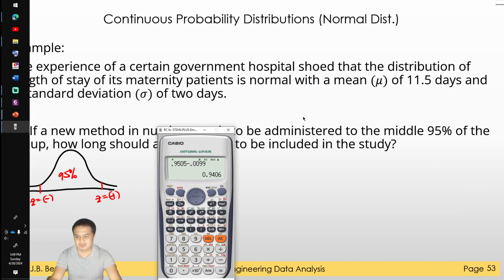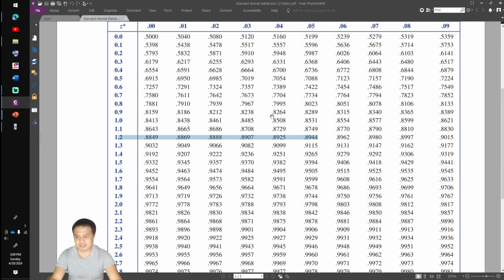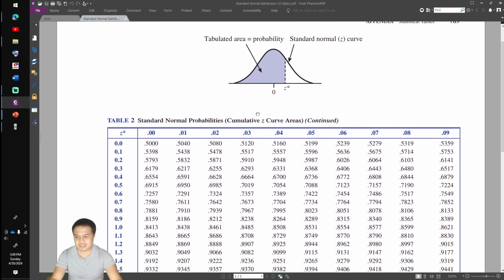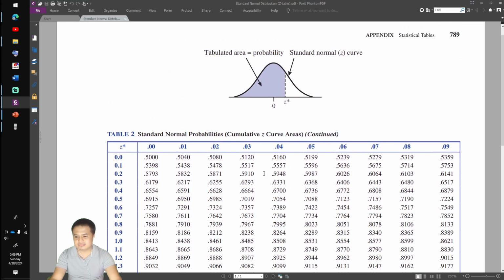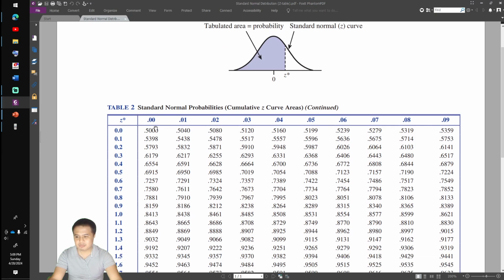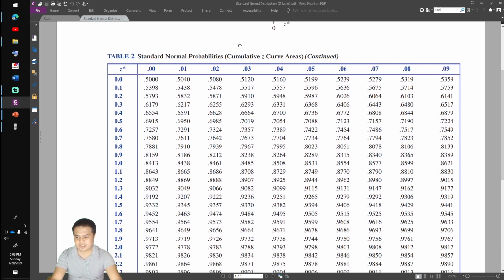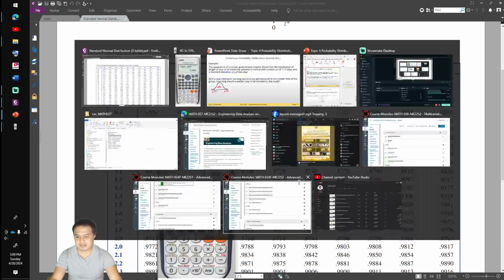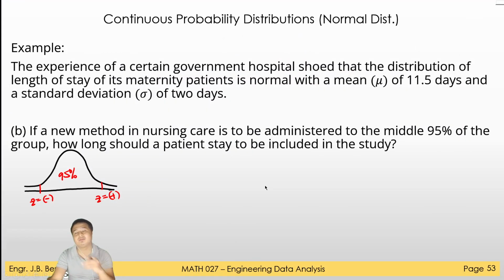Anyways, what we can do here is subtract 0.5 from everything here. Let me just divide this by 2 for now.